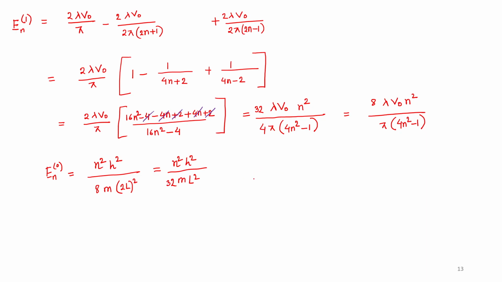So your modified energy is En0 plus En1, not 0 but 0th: n square h square by 32 m L square plus 8 lambda V0 n square pi by 4n square minus 1.